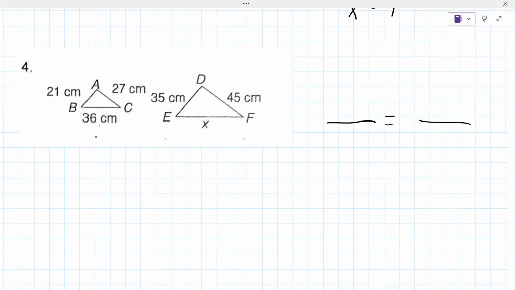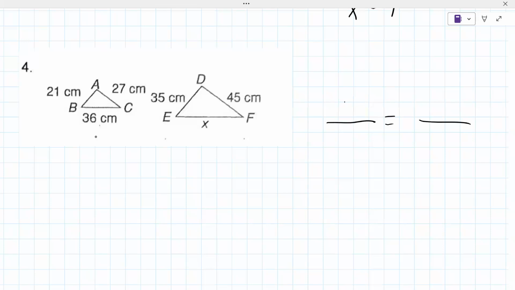So there's x, 30. X over 36 equals 21 over 35. Sorry, give me one more time.